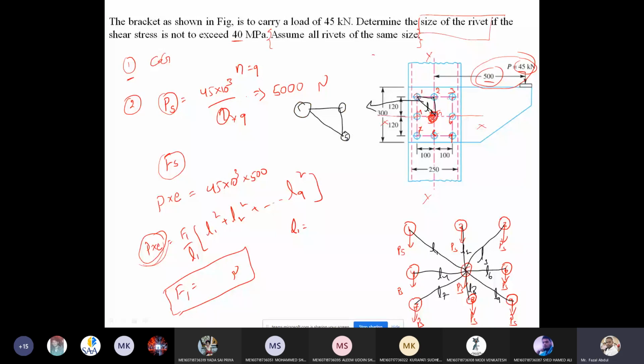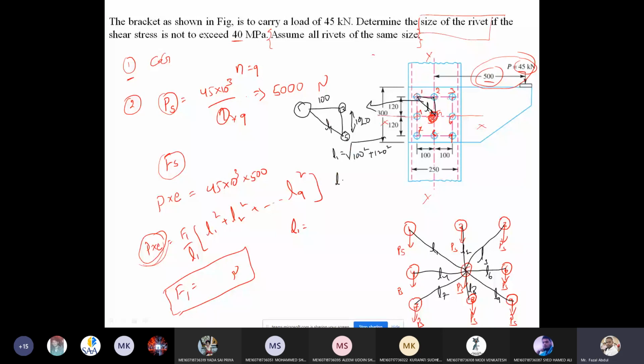And this is the second rivet. What is the distance from here to here? That is given in the question as 100. Now what is the distance from here to here? That is also given in the question as 120. Now L1 equals the square root of 100 square plus 120 square.